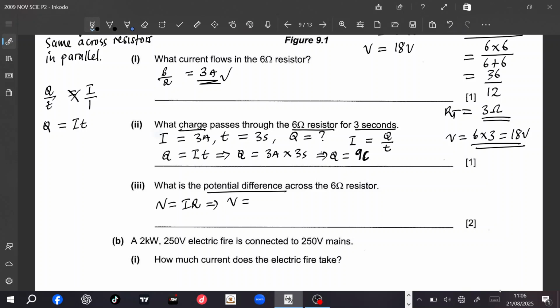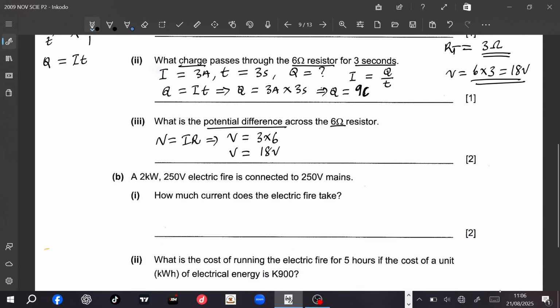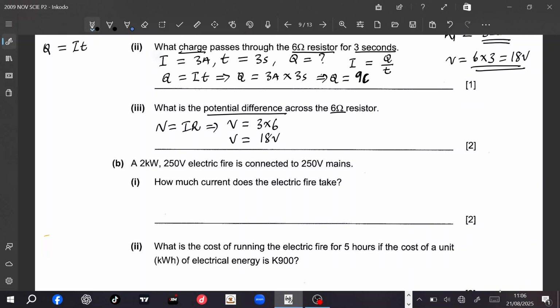Voltage is equal to current, which was 3, times the resistor itself, which is 6. Then our answer is going to be 18 volts. Just like that. Then we move to B.